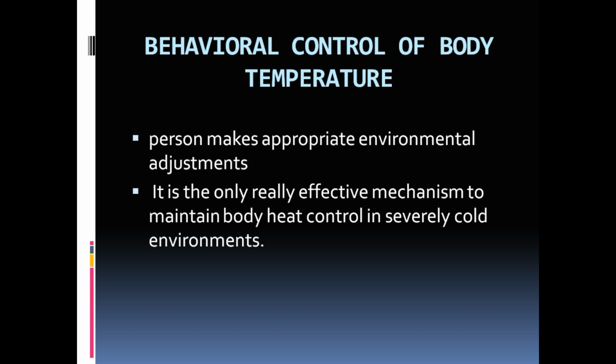And scientists consider by far that this is the most effective mechanism to control the body temperature, even more powerful than the autonomic nervous system in case of severely cold environments.